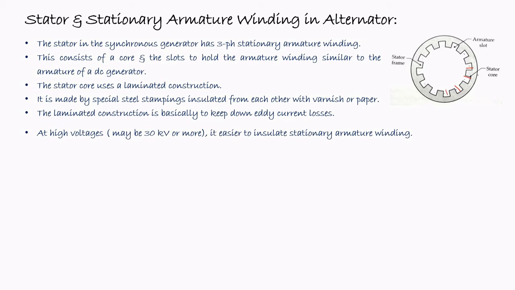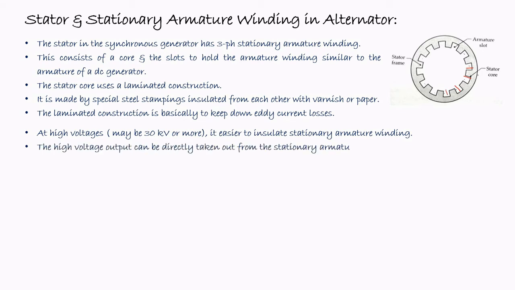Therefore, we have to insulate the armature winding heavily. So this heavily insulated armature winding can be easily placed in the stationary part. If we place the armature in the rotor, then the inertia will be very high, so it will not be possible.